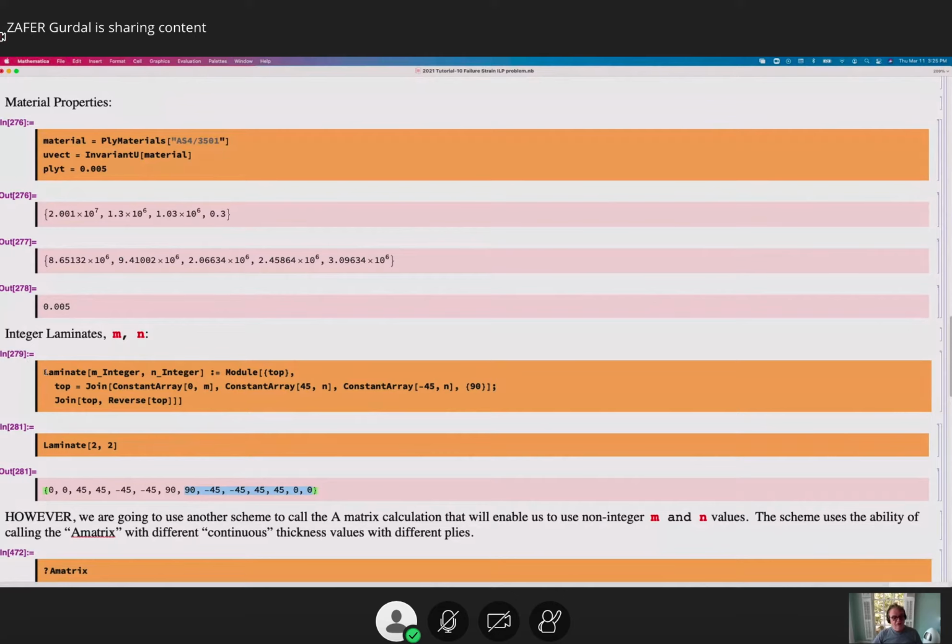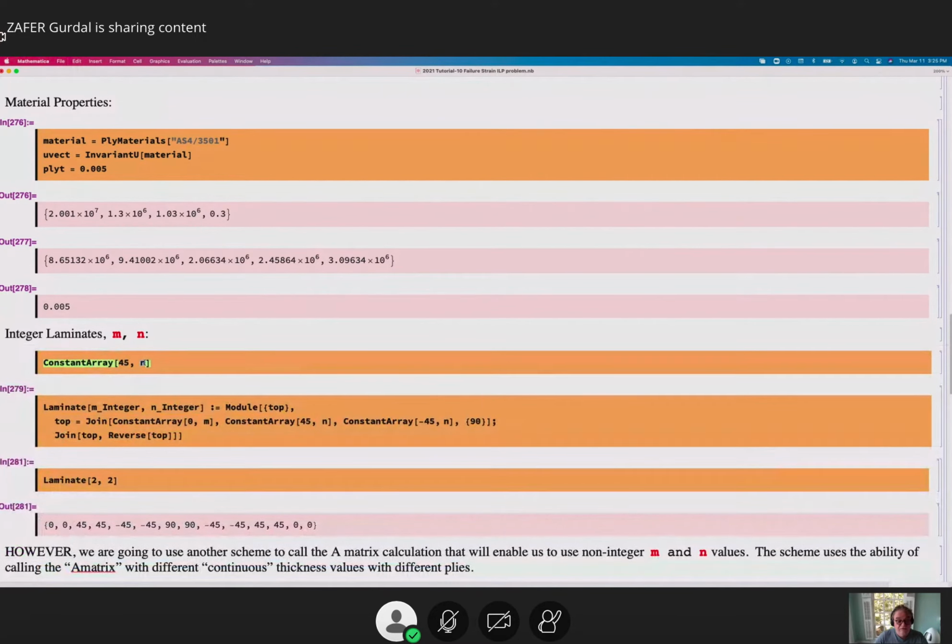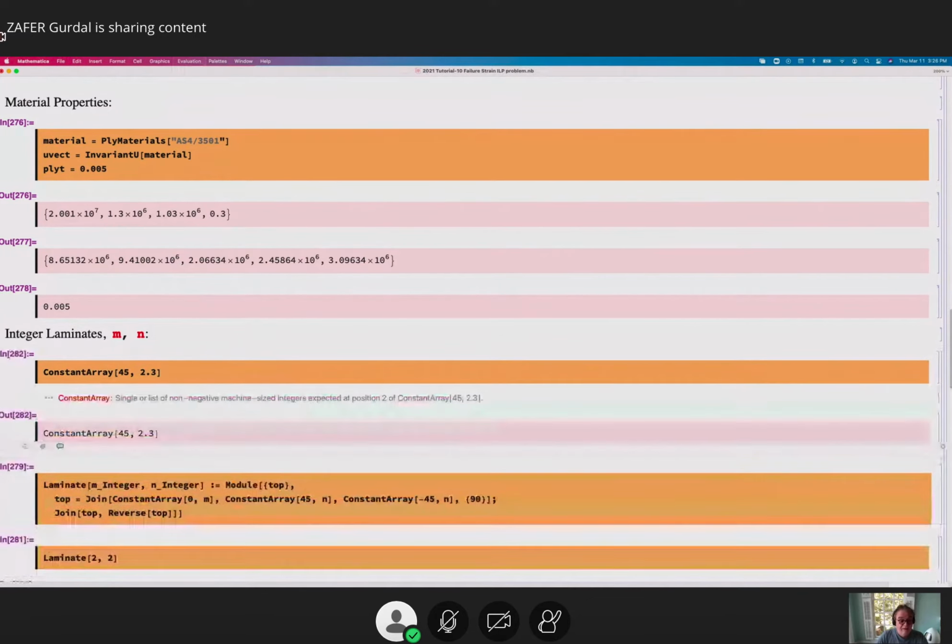But this module can only take M and N values that are integers, because of the constant array of 45. For example, let me copy this here, and instead of n equals 2, if I put 2.3, it says, hey, that is not a listable thing anymore.